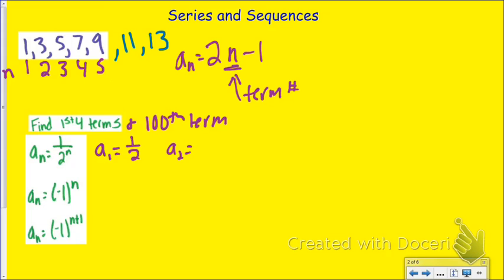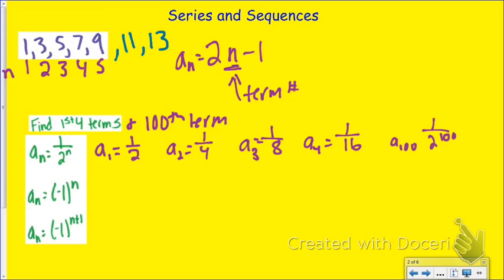A sub 2 is 1/4. A sub 3 would be 1 over 2 to the third, and a sub 4 would be 1 over 2 to the fourth. If I were to find the 100th term here, I would just plug in 100 where there's n, and I would get 1 over 2 to the 100th power. I don't actually have to calculate that number, it's going to be a little too big for me.